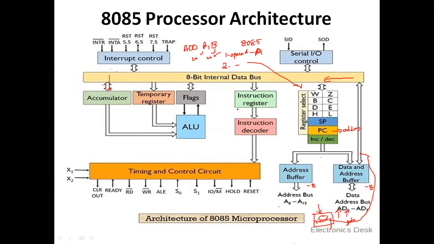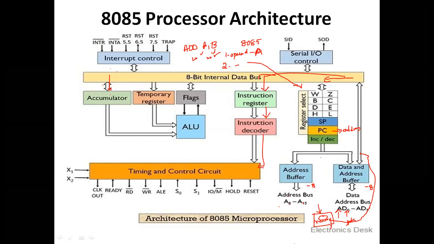So here, that instruction is fetched, right? That instruction is going to be stored in the instruction register, then the instruction is going to be decoded and given to the control unit. Now the control unit is going to send signals to all the registers present in the 8085 microprocessor.